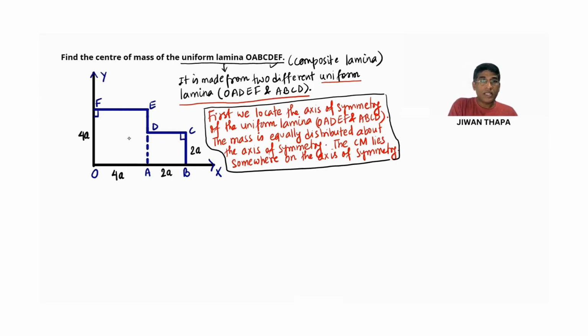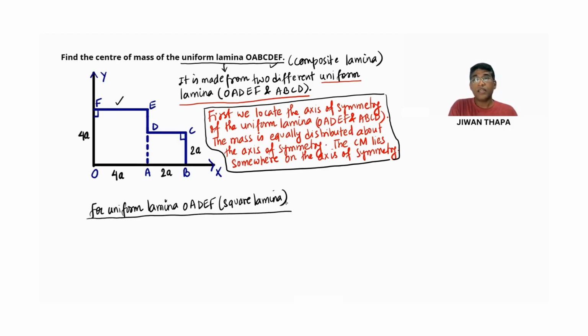Now let us consider this lamina at first. We are taking uniform lamina O, A, D, E, F, and this is a square lamina. We can see the width and height are equal in magnitude.